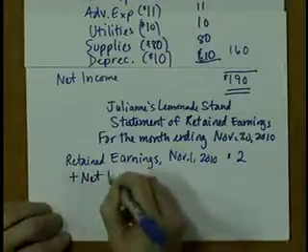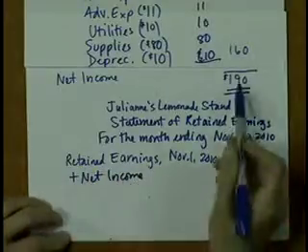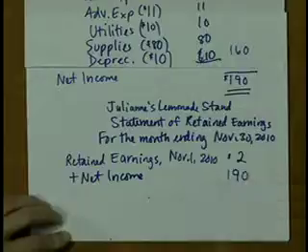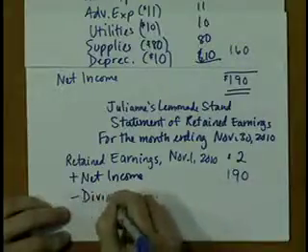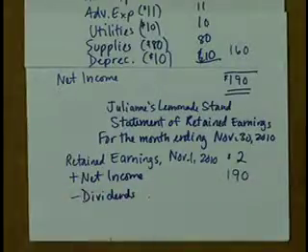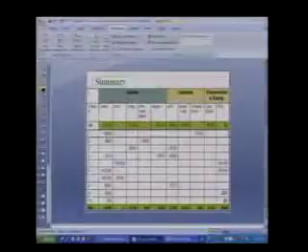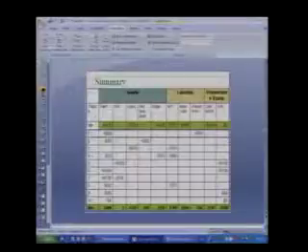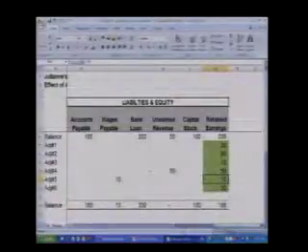I'm going to add to that my net income. And how do I know my net income? Well, it's from the statement that I just did. And I'm going to subtract dividends, and I believe there was $4 here. I think that was it, eh? Is there any others? Nope.